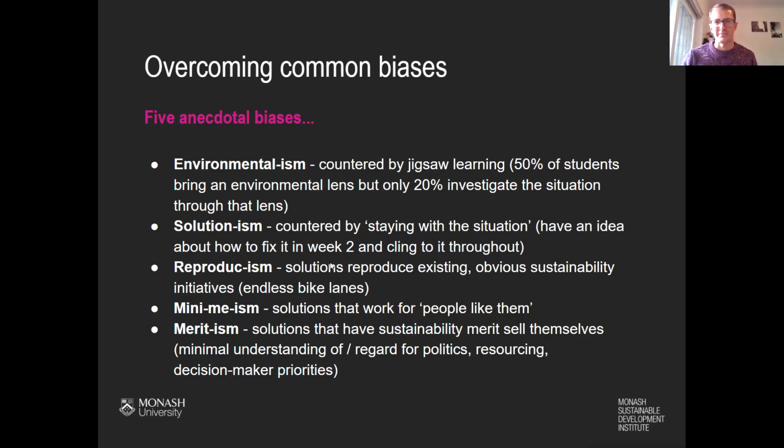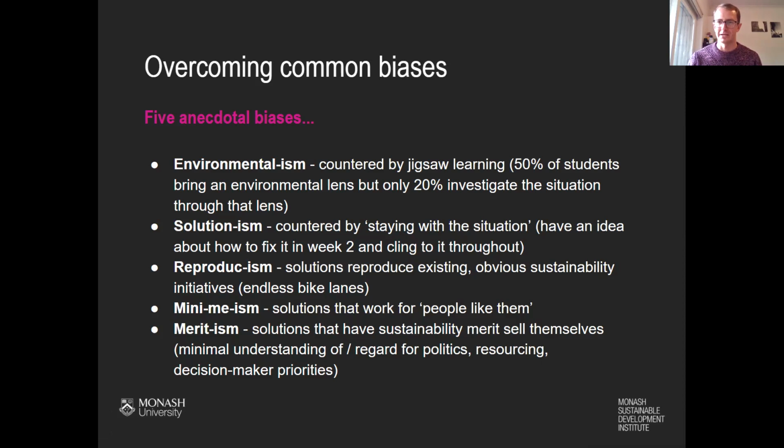Often as well, they simply reproduce solutions that they've seen in everyday life, and we really try and push them to go beyond that in the middle stage of the course to gather many more options and evaluate a range of more innovative approaches. We then put them through the ringer in the second half of the course, making sure that they're not just producing solutions that would work for people like them, the process of institutional mini-meism.